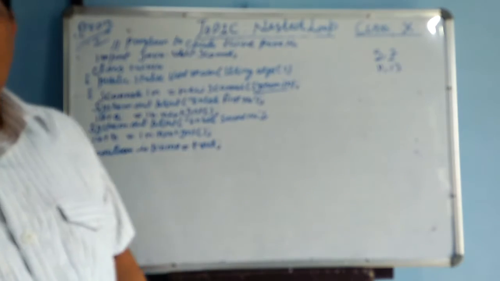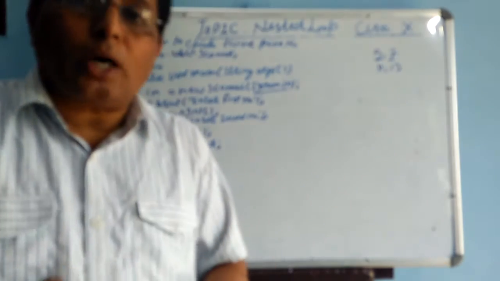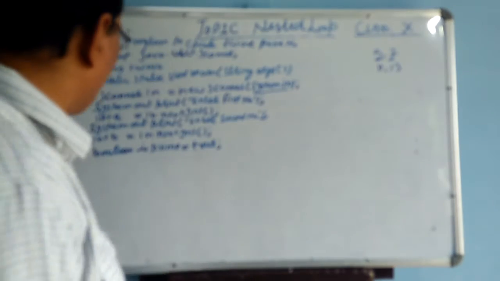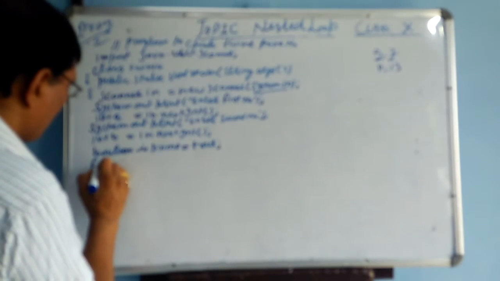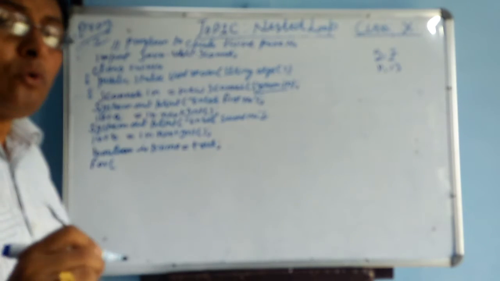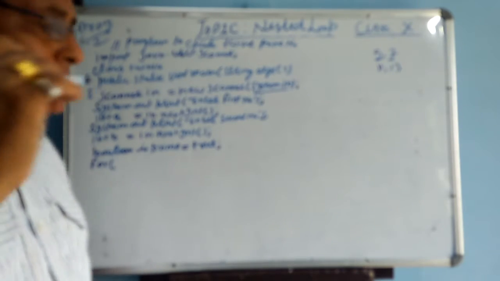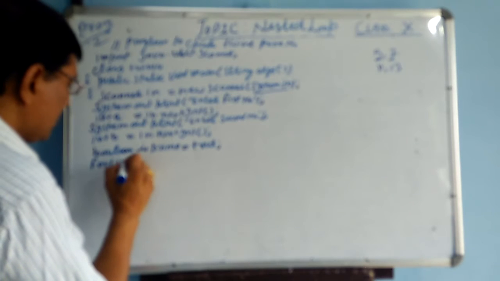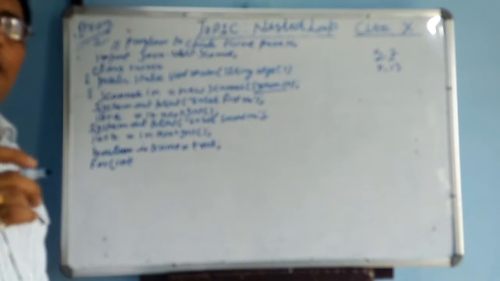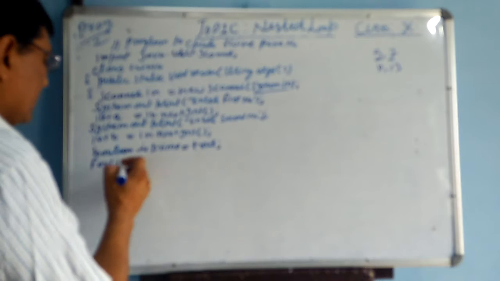So then we have to use a loop, a for loop. Now we have to give the loop integer; the loop variable we will define here.